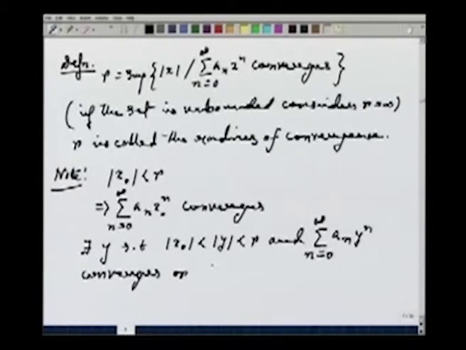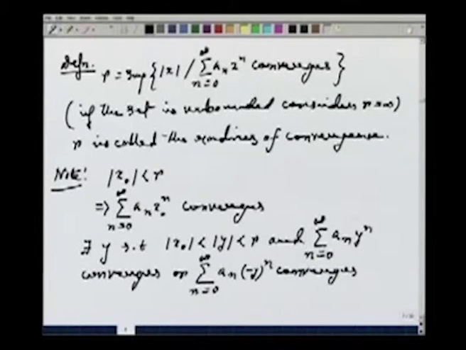or summation a n minus y to the power n converges. One of these has to be true. But then apply condition 1 of the previous theorem, that modulus of x naught is less than modulus of y, and summation a n y to the power n converges, or summation a n minus y to the power n converges.